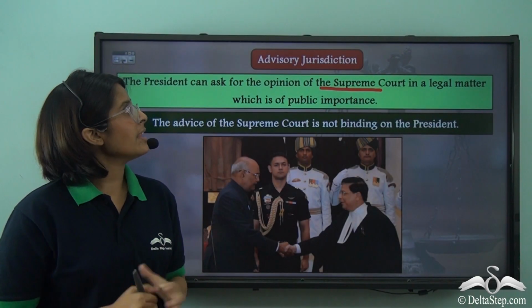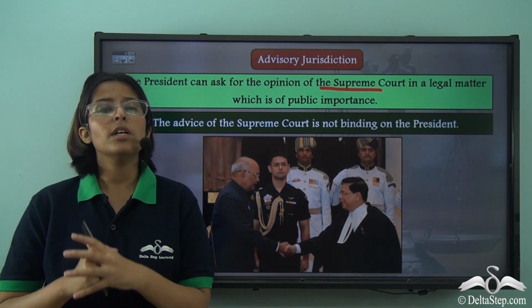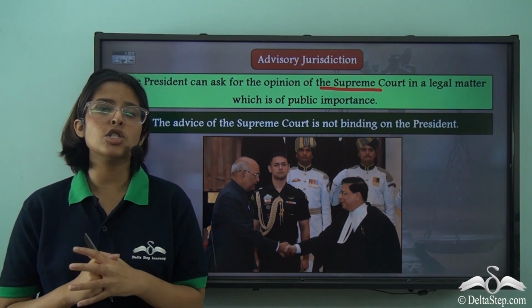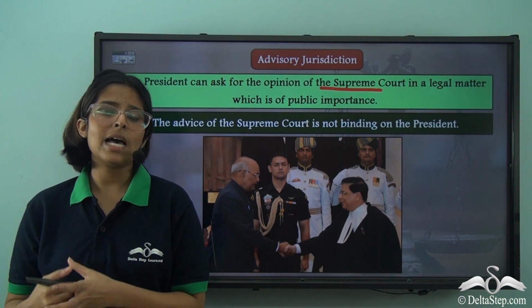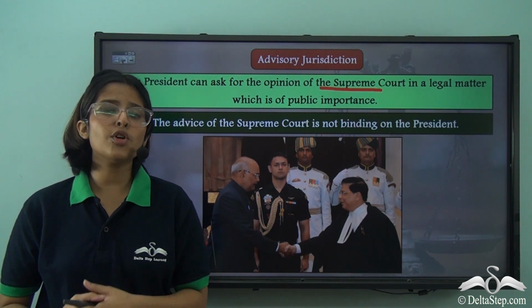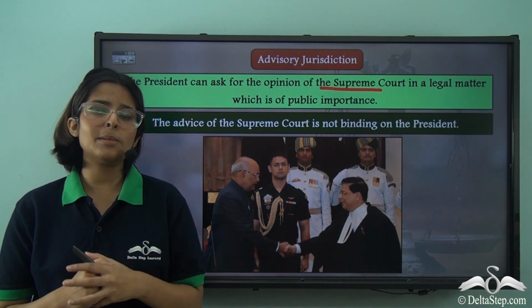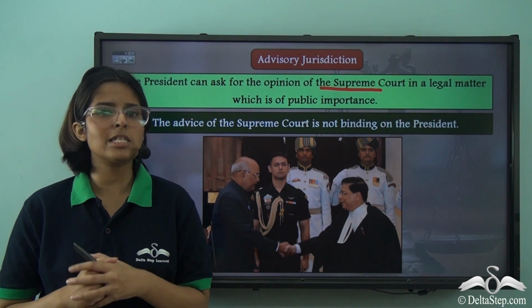Now, to understand the advisory jurisdiction of the Supreme Court, let us look into the case of Ismail Faruqi versus Union of India. So in this case, the President had sought the opinion of the Supreme Court asking whether a temple was originally present in the site where the Babri Masjid was subsequently situated.